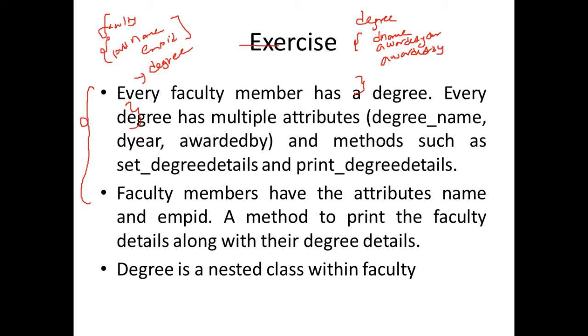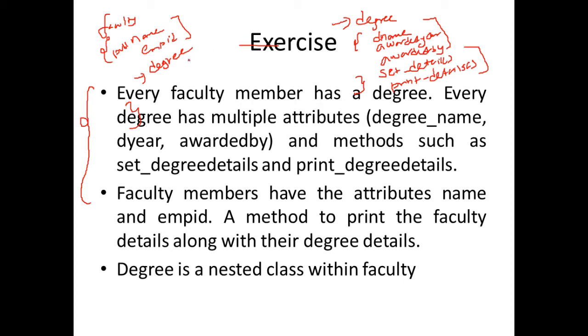You can also have methods like set details for the degree, or print degree details. So you can also attach some behavior with the data members for the degree attribute.